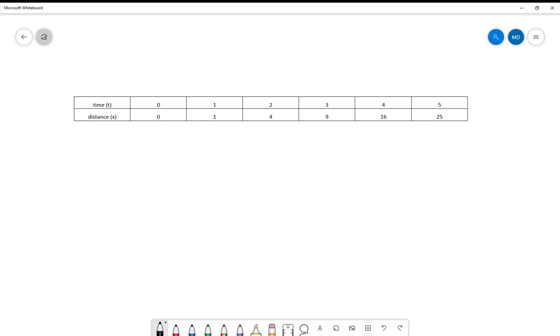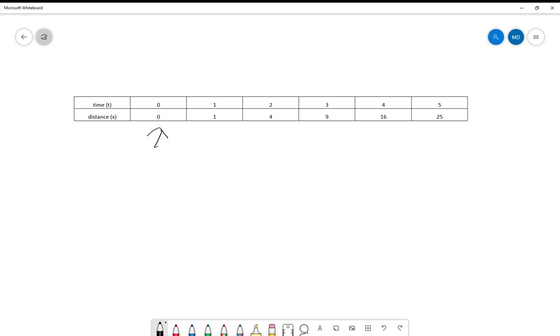We're kind of ignoring the units in this case, but after each time unit, we've taken a measurement. So after 0 units, we knew it hadn't moved at all. After 1 time unit passed, it had moved 1 distance unit. Again, this could be meters, feet, or miles.